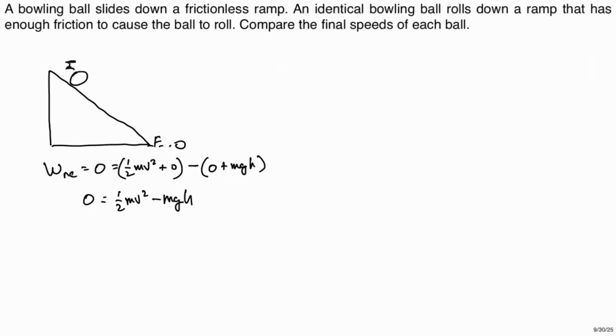I'm going to solve this for how fast the ball is going. Compare the final speeds of each ball, so we're solving for v. They didn't give me the mass of the ball. Why not? It cancels. And we move the gh over, so I have 1/2 v squared. I'm going to rearrange here, v squared equals 2gh.